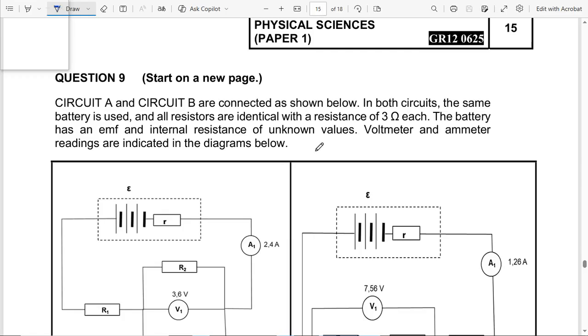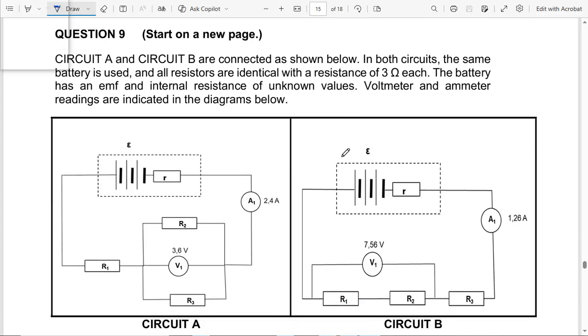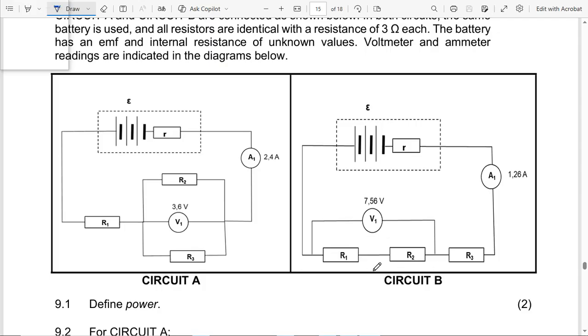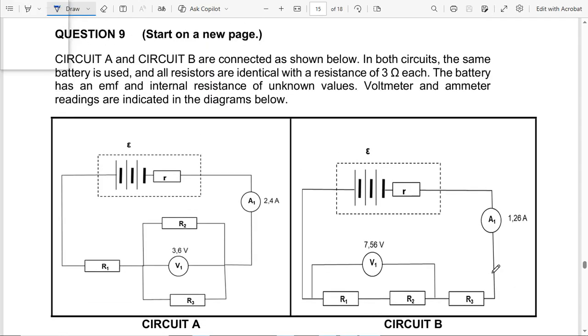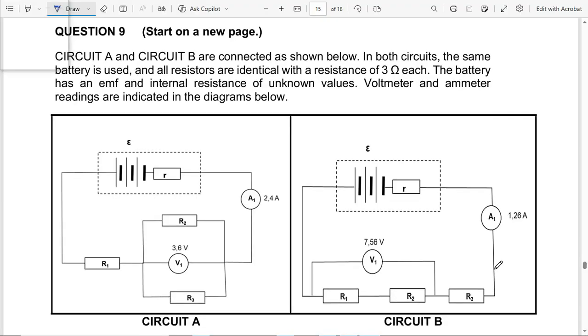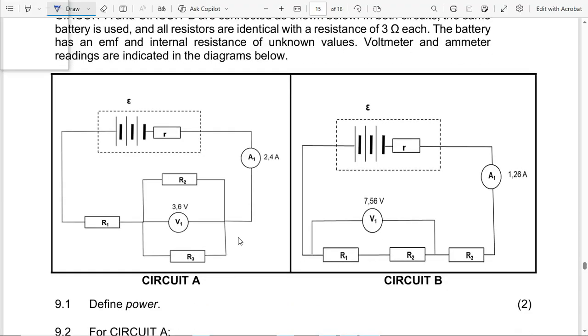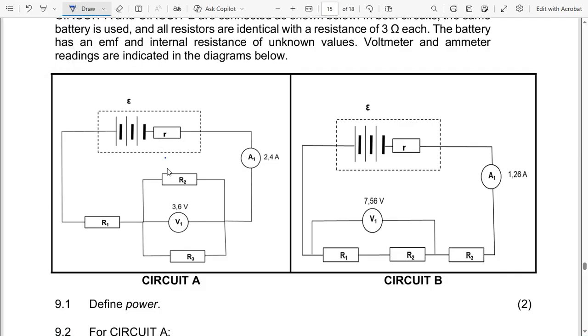We can see that, and they say in both circuits the same battery is used, and all resistors are identical. All of them have a resistor of 3 Ω: R1, R2, R3, even on circuit B. Let me put that on the drawing so that you guys don't forget this.